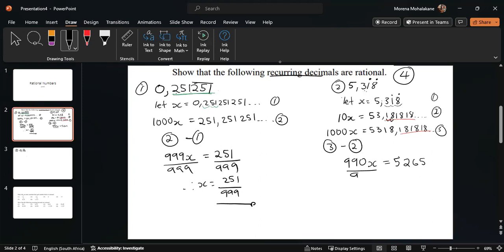Then I divide by 990. Therefore the value of x equals 5,265 over 990. That's the final answer, so it does show that these are rational.